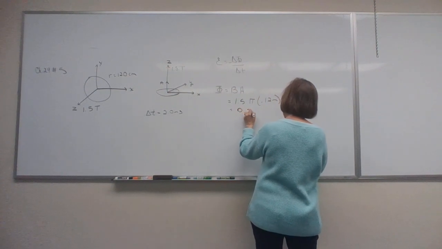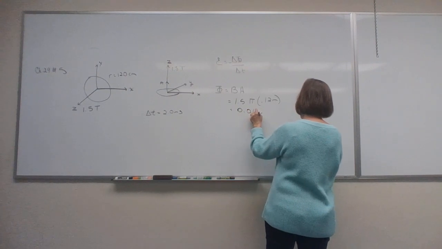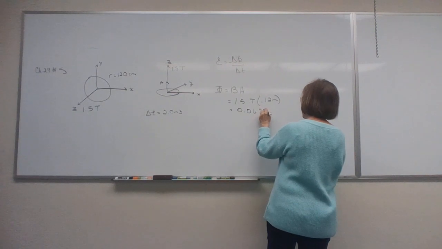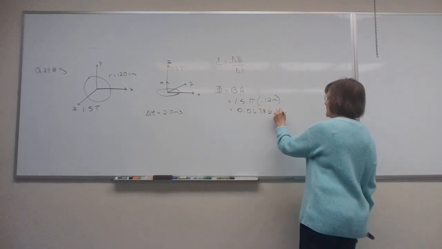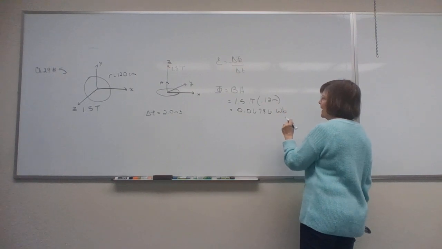It's 0.06786. I'll just leave an extra digit. That's how much flux. That's Webers. I have at the beginning.